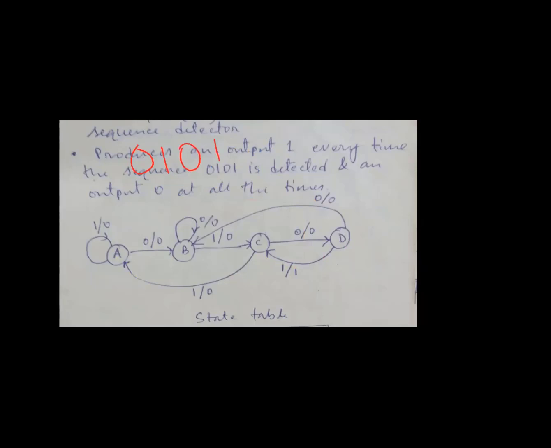Listen carefully, we are scanning 1, we are over D. Now if input is 1, fine. If we go back to C for this one, since we get back the sequence, output should be 1. So when we go back to C from D, output is 1. The output is 1 because you get back the sequence.